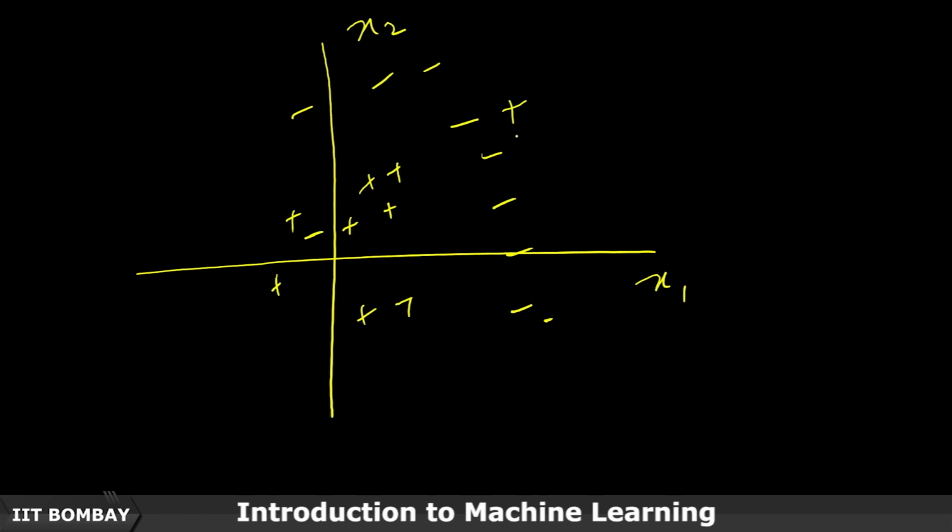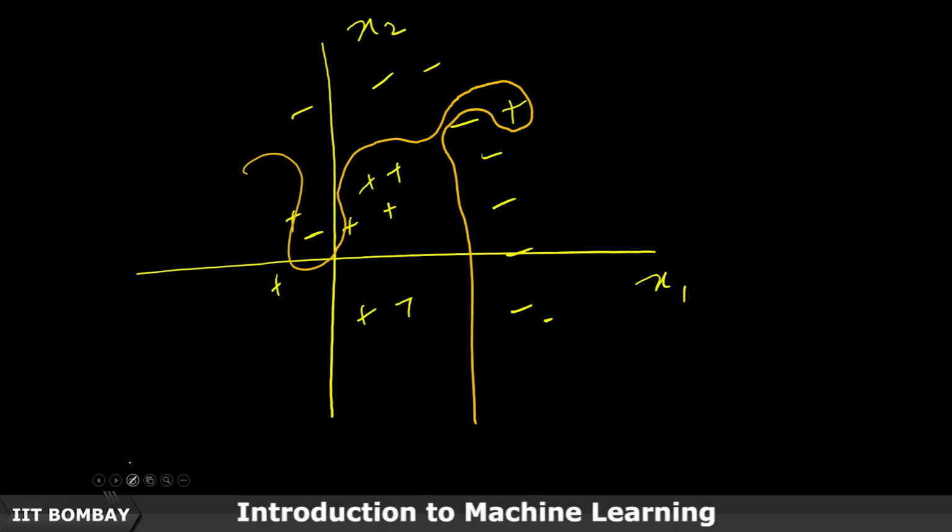Now, do we want a boundary that basically goes like this? If you want a complicated boundary like this, then we need a lot of support vectors. Those support vectors are going to be the points that seem to be close to the boundary. So if you are assuming a Gaussian kernel, these might be the support vectors.